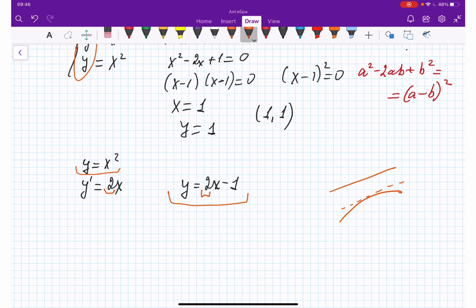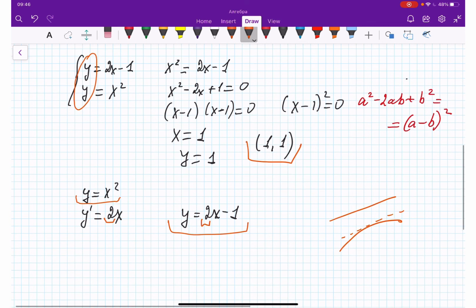But the fact that y is equal to 2x minus 1 has a common point with this curve, with the same slope, then we are insisting that it is a tangent line to our curve. These two conditions are satisfied: same slope and one common point.